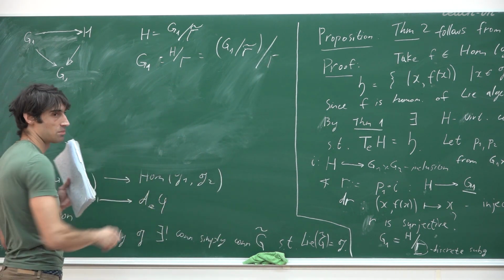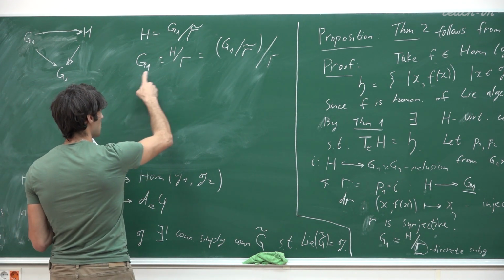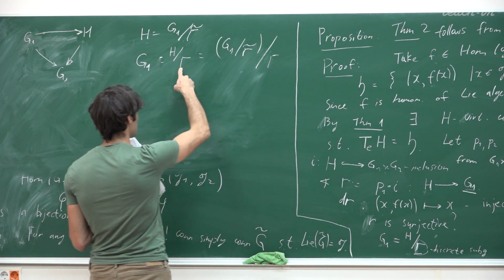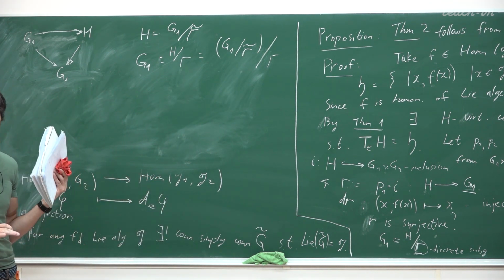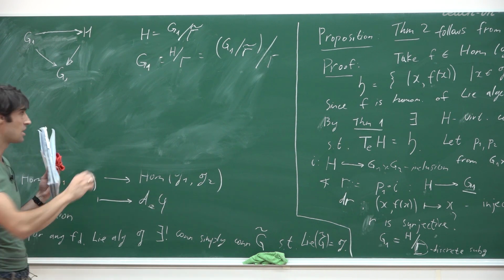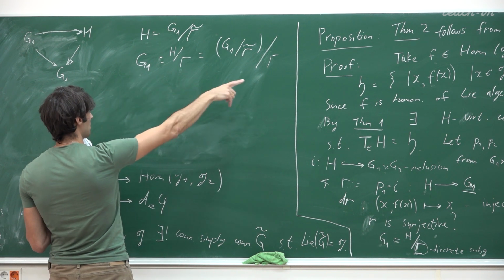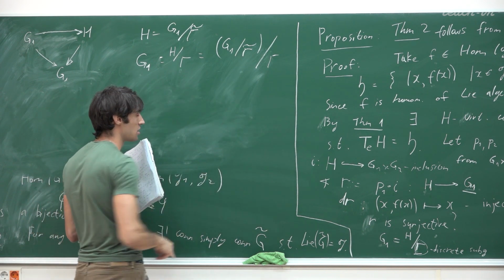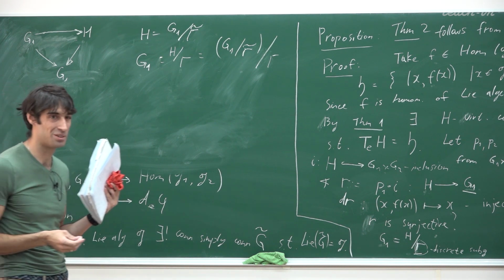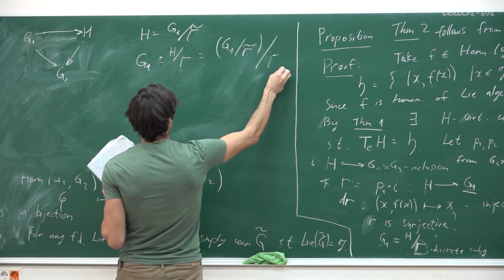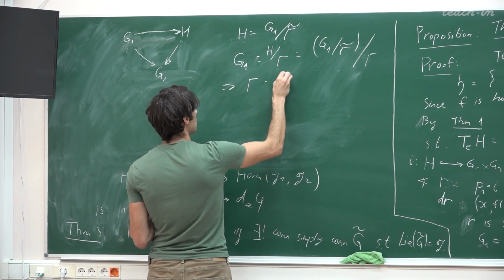And all these are isomorphisms. The only way this can be isomorphic to this is that gamma is a trivial group. Both gamma tilde and gamma are trivial groups. Otherwise this double projection will have some kernel, and so G1 will not be isomorphic to itself. So therefore, gamma is just E.